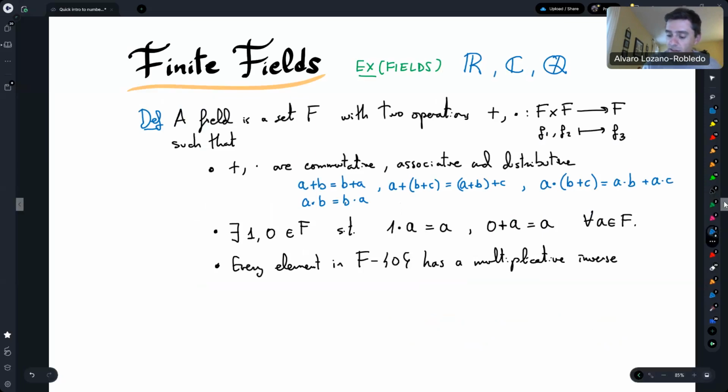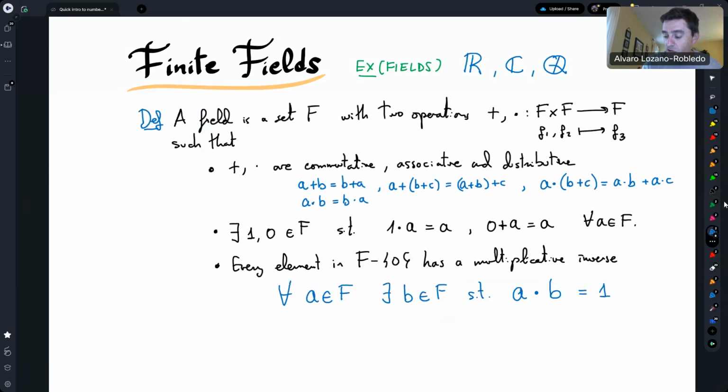What that means is that for all A in F, there is some B in F, such that A times B is the element 1. And we say, in that case, that B is the multiplicative inverse of A. And as I said, the reals, the complex, the rational numbers, all of these are fields that satisfy this.